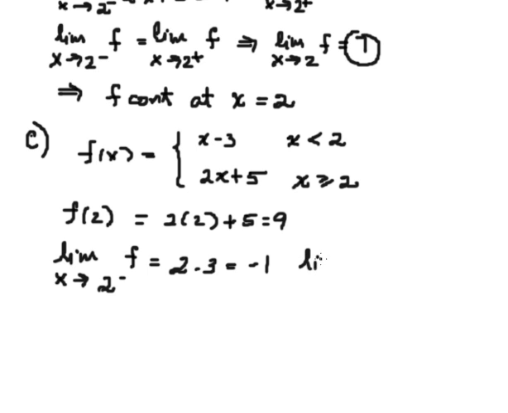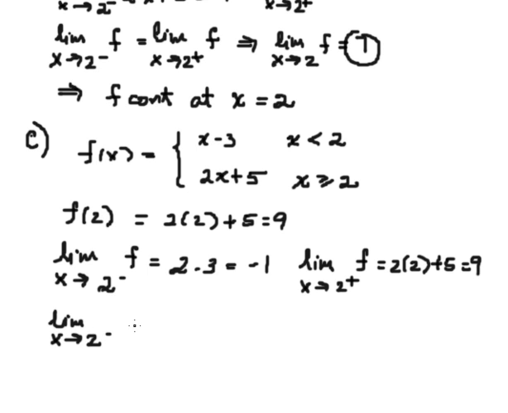The limit as x goes to 2 plus of f is equal to, now I use this expression, 2 times 2 plus 5, which is 9. So the limit as x goes to 2 from the left is not equal to the limit as x approaches 2 from the right.